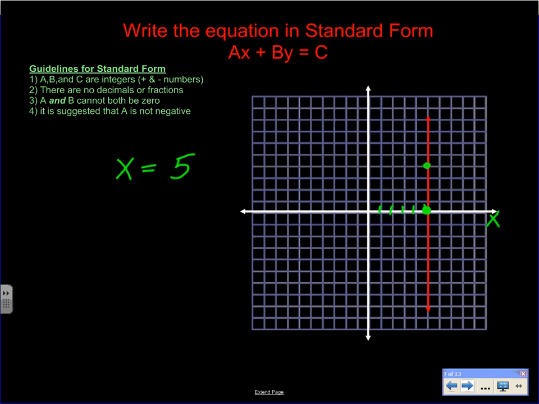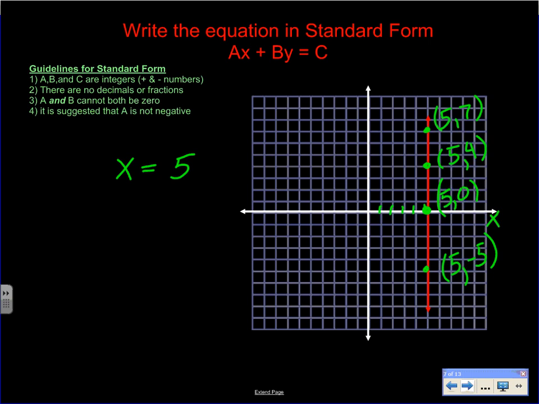And if we notice, all of these points will have an x value of 5. They all have an x value of 5. And that's a different way of looking at that and coming up with the equation x is equal to 5.